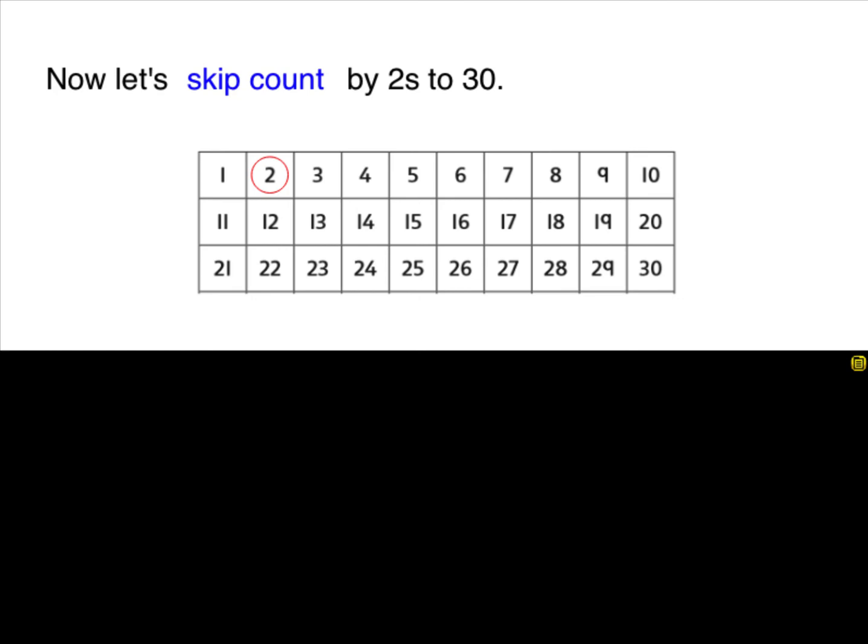Okay, let's skip count by twos. 2, 4, 6, 8, 10, 12, 14, 16, 18, 20, 22, 24, 26, 28, 30. When we counted this in class, this one was harder for us to remember because we had more last digits to remember.